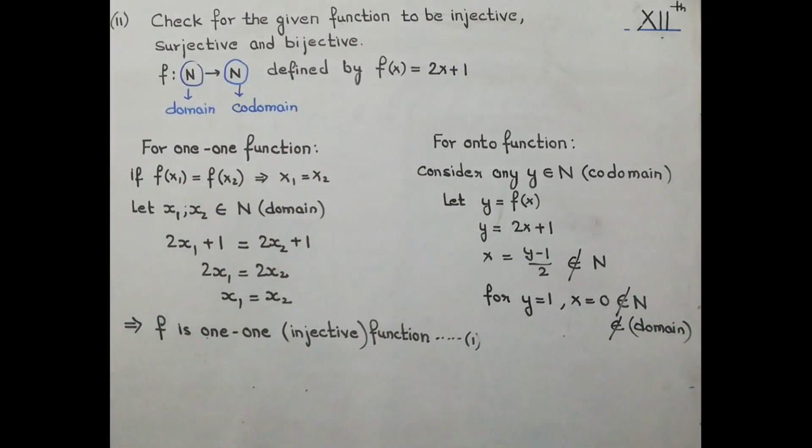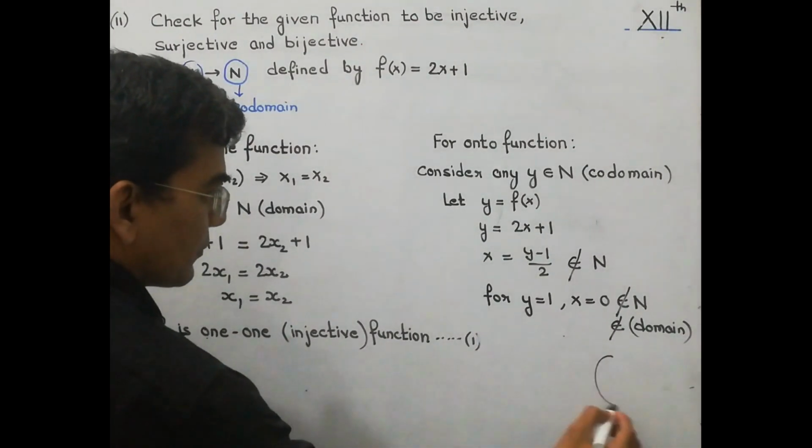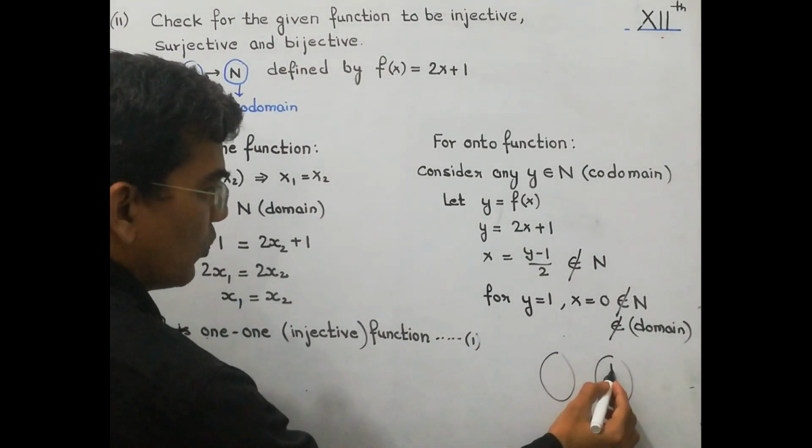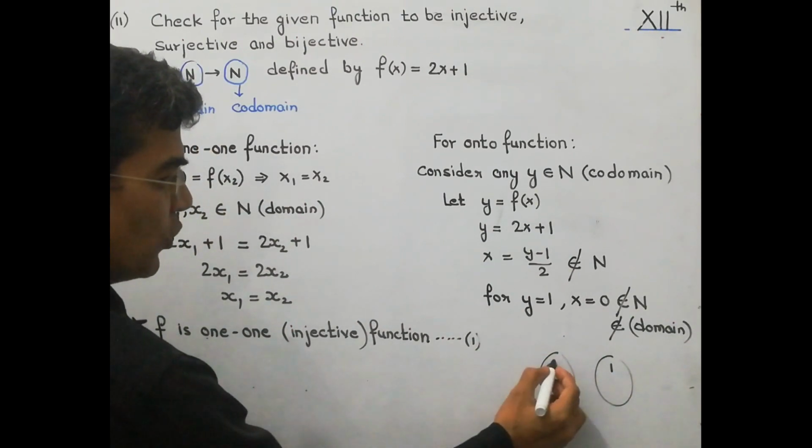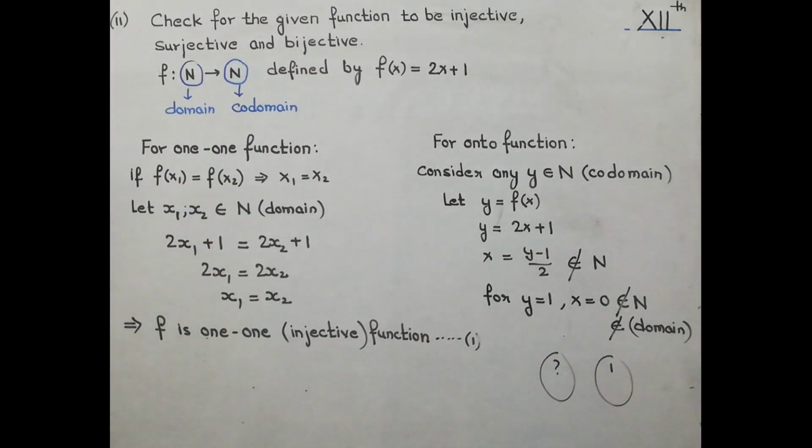Now what does this statement show? This statement shows there is a certain image for which there is no pre-image. See here, there will be one element 1 here which will have no pre-image this side. And we know that for an onto function, it is a must that all the elements appearing in the codomain must have a pre-image.